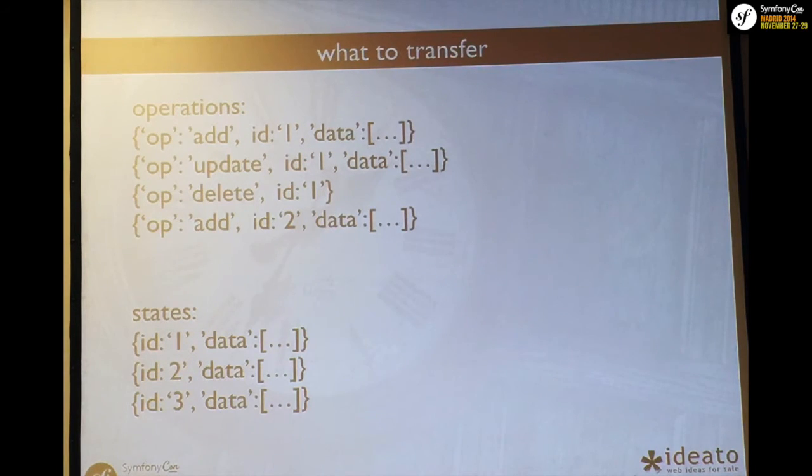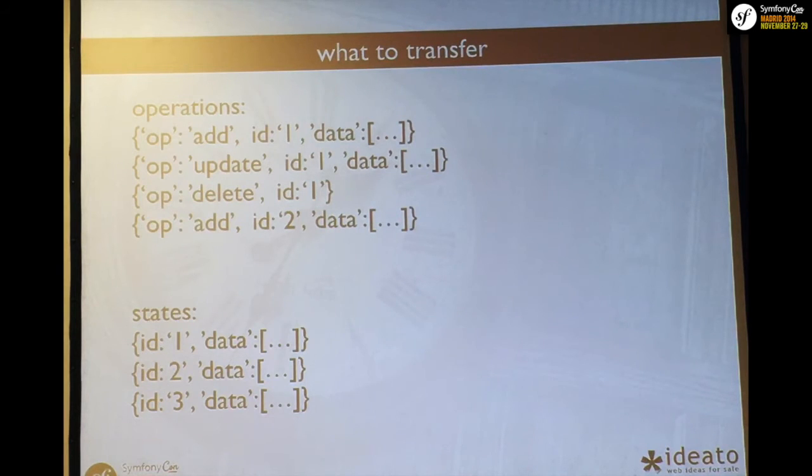And you can transfer it to the server, which gives you a lot of information because you are keeping track of every operation done on the mobile client, but it can be a bit difficult to reason about it and to decide what to do. A simpler way to deal with it is to transfer states. So basically, I don't mind if I modify a record 30 times or 40 times, I just need to know its final state.